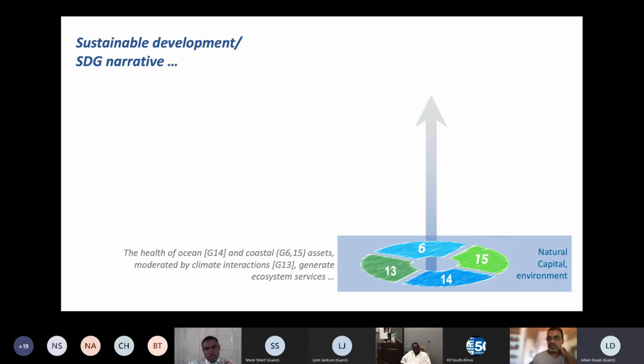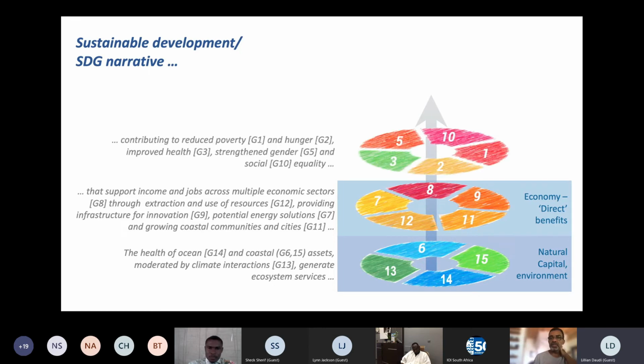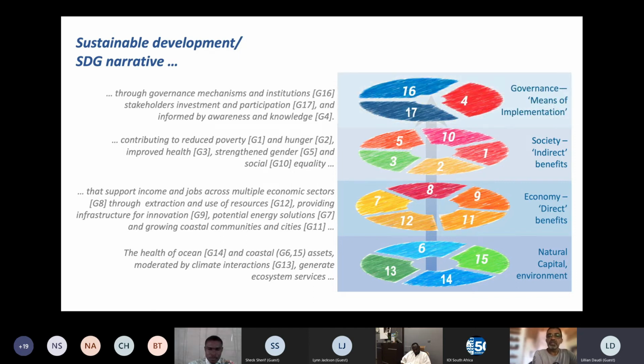So, for example, the health of the ocean and coastal assets, moderated by climate interactions, generates ecosystem services that support income and jobs across multiple economic sectors through extraction and use of resources, providing infrastructure for innovation, potential energy solutions, and growing coastal communities and cities. And these contribute to reduced poverty and hunger, improved health, and strengthened gender and social equality through governance mechanisms and institutions, stakeholder investment and participation, and informed by awareness and knowledge.